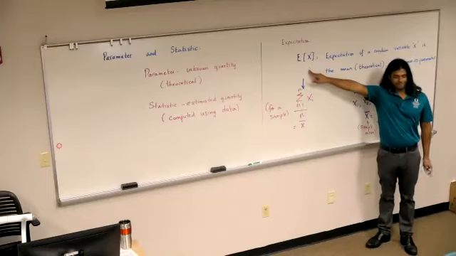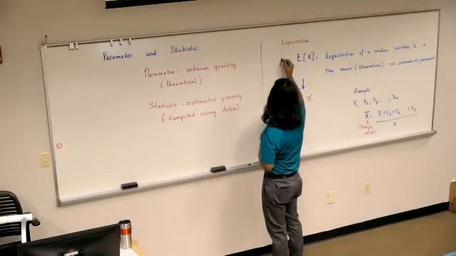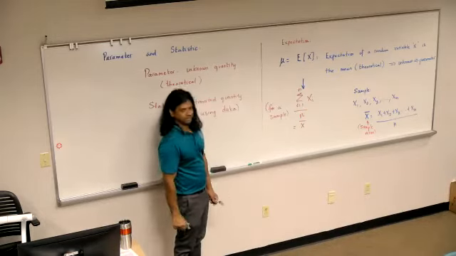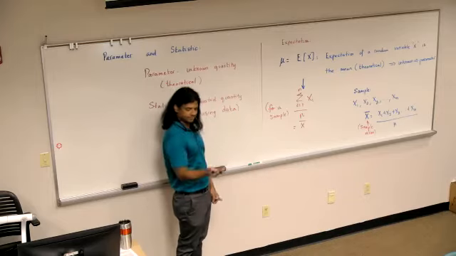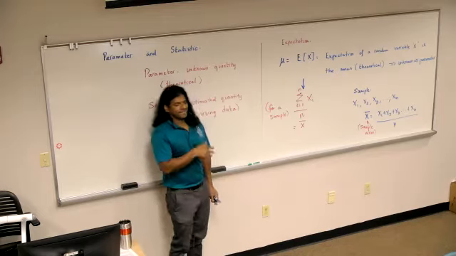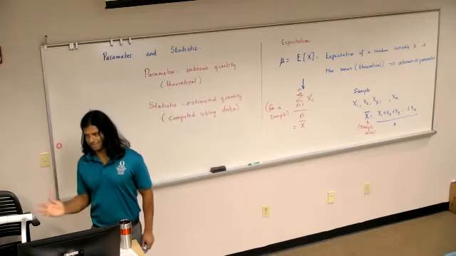The standard notation for the theoretical mean is mu. The sample mean is x bar. X bar is an estimate of the theoretical mean.